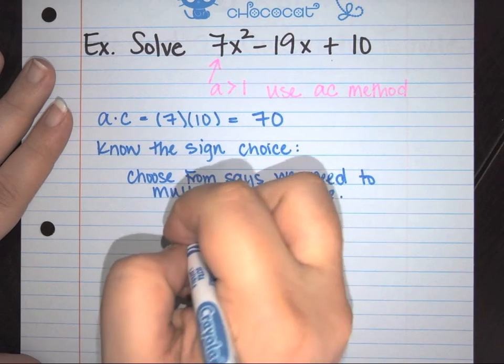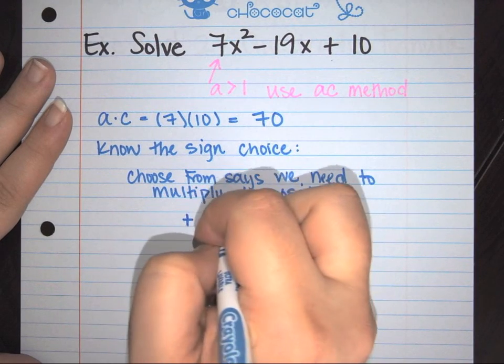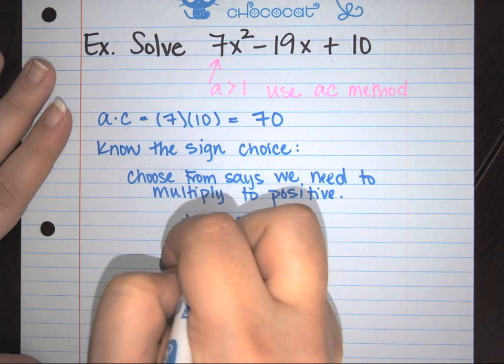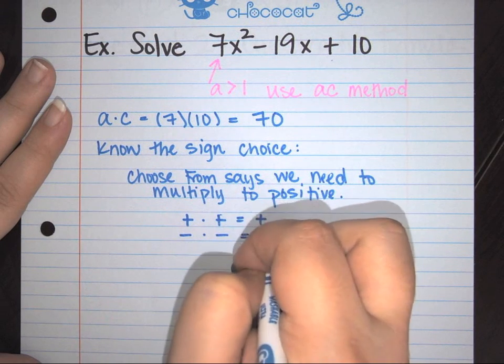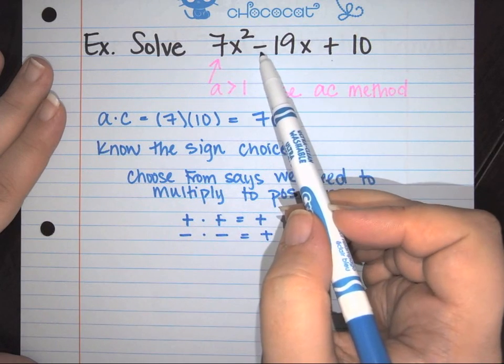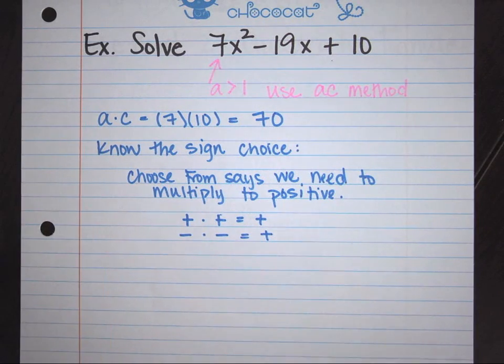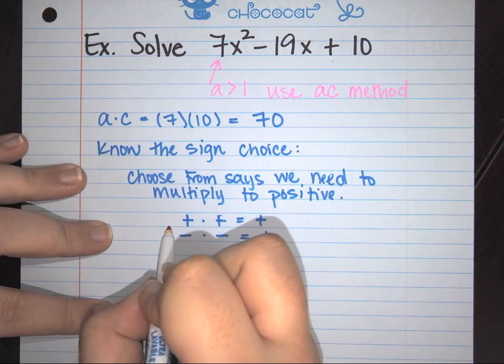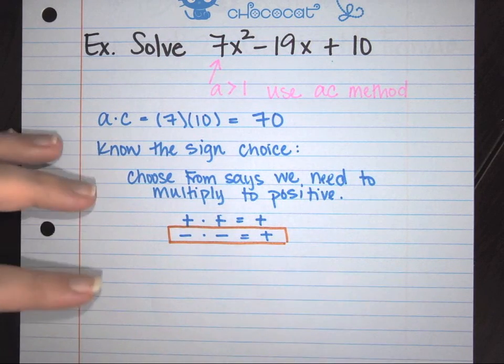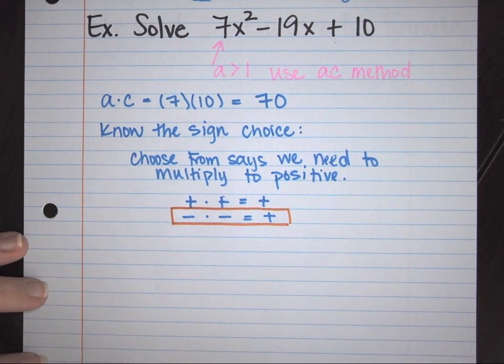So I have two choices. Positive times positive equals positive, or negative times negative equals positive. The front sign here tells you which option you have to select. And since that front sign is negative, it means we have to choose my negative and negative. So that is the option that we have to use.